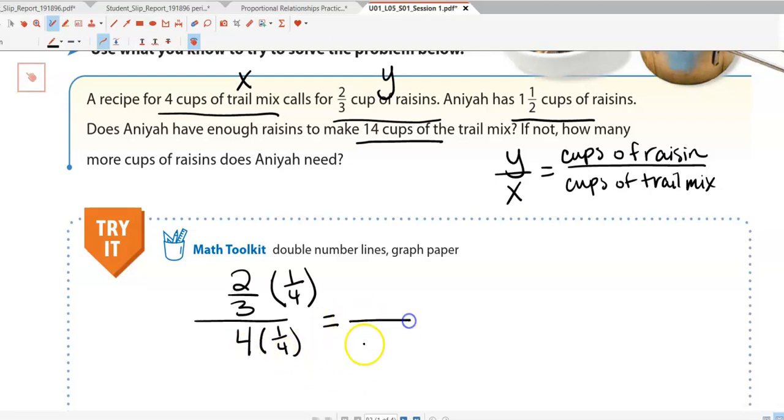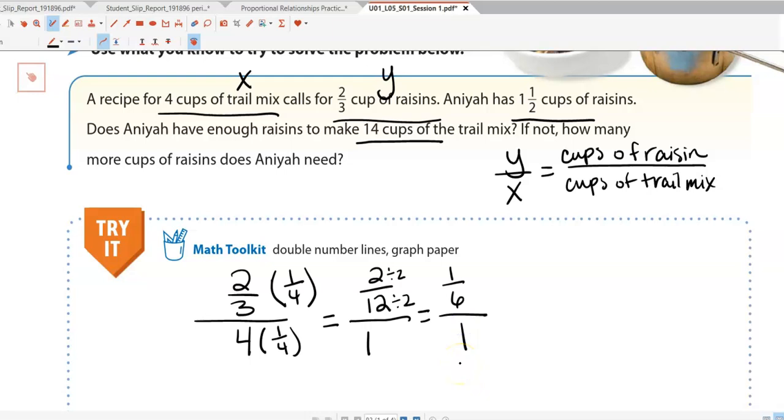So here we have 1 on the bottom denominator, 2/3 times 1/4. So 2 times 1 is 2. 3 times 4 is 12. And we can reduce that. So we can redo this. All right, so that gives us 1/6 to 1.